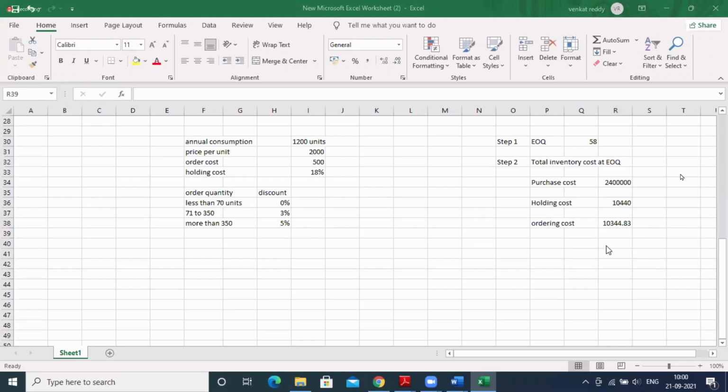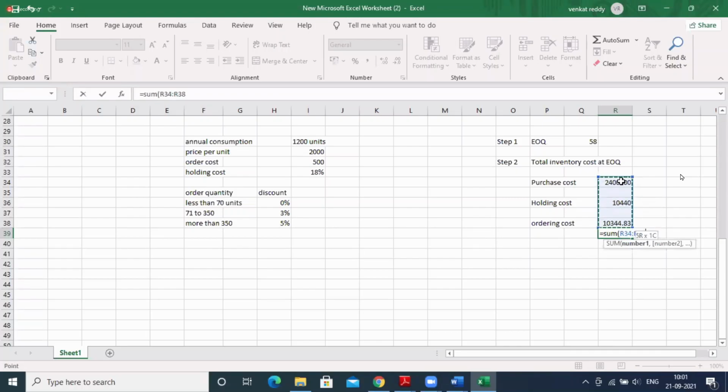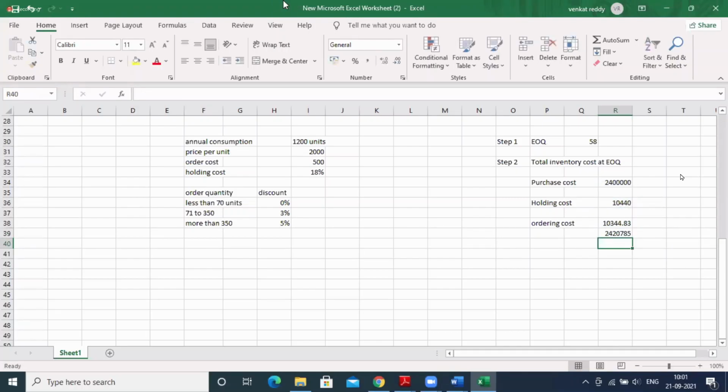So the total inventory cost, I hope it is clear for all. Yes. 24,20,787. This is our total inventory cost. Now, what should be the next step?